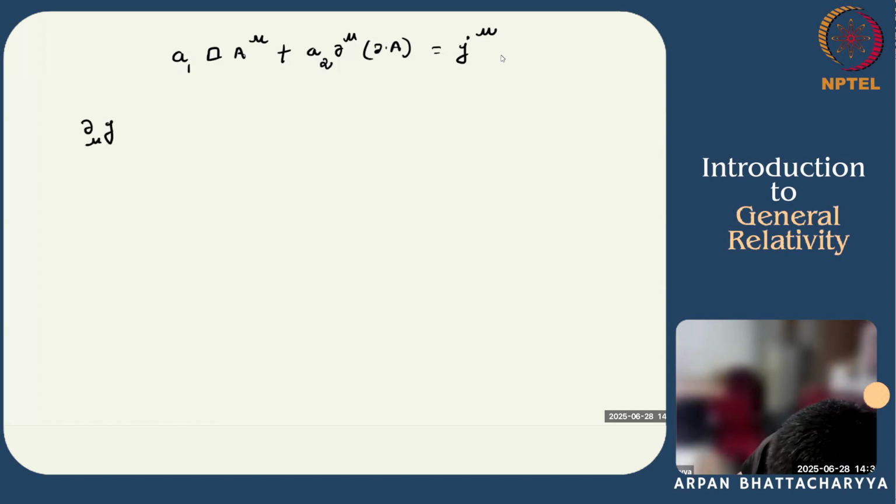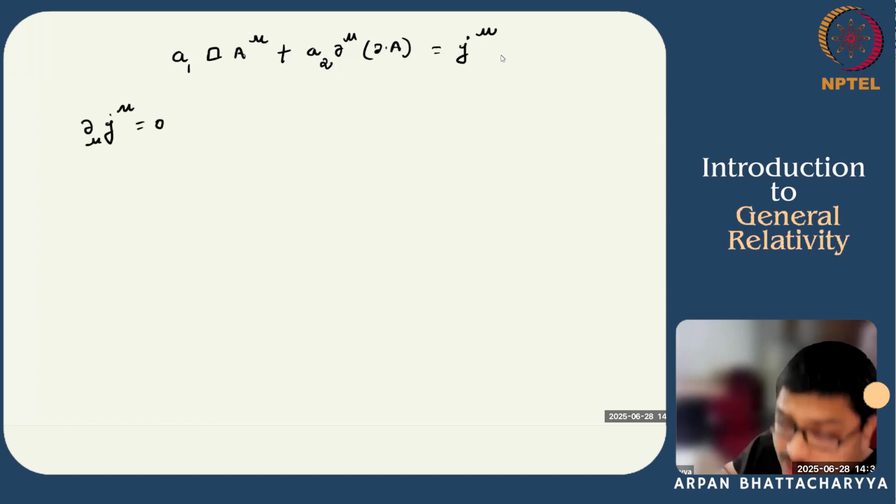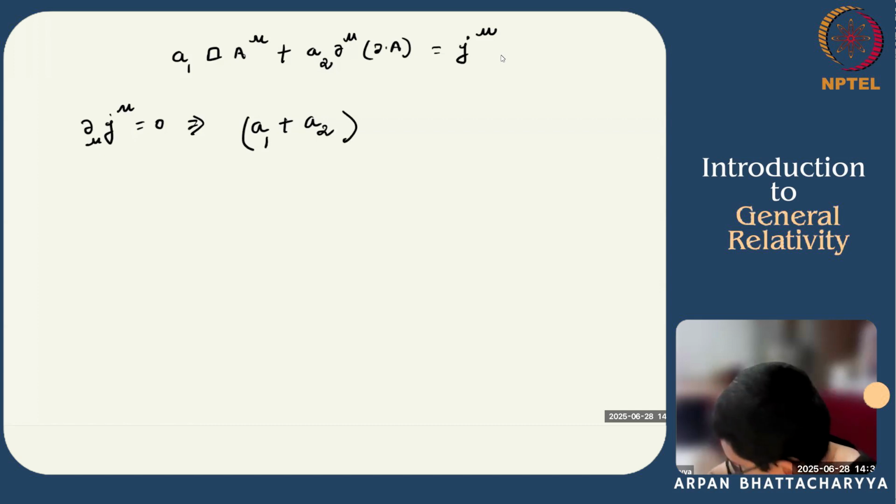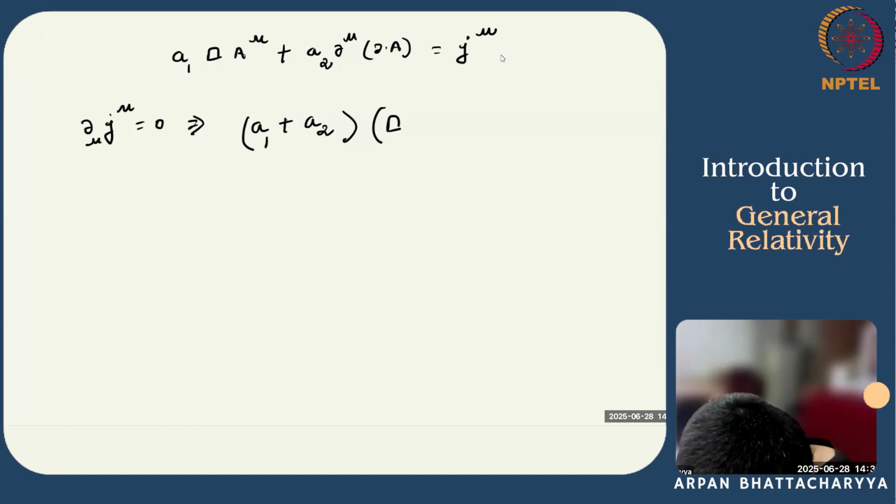So the continuity equation, that means del mu J mu equals 0, implies the following. A1 plus A2 is equal to box times basically del dot A into 0.